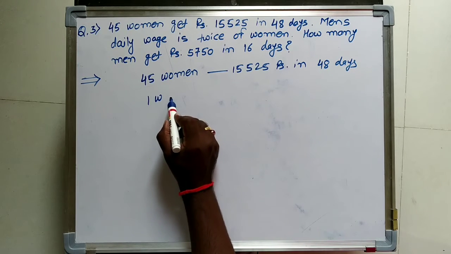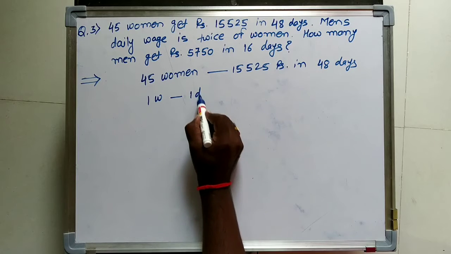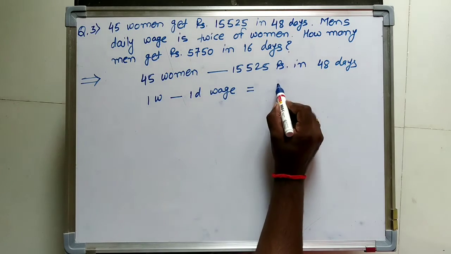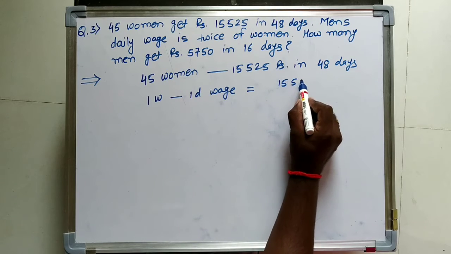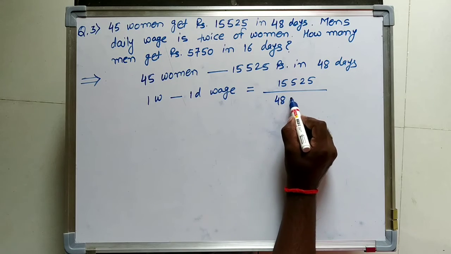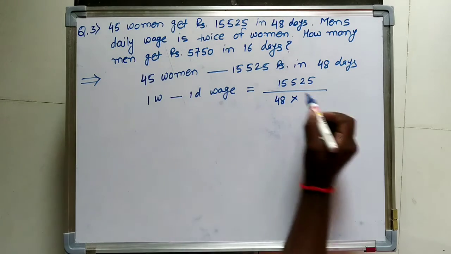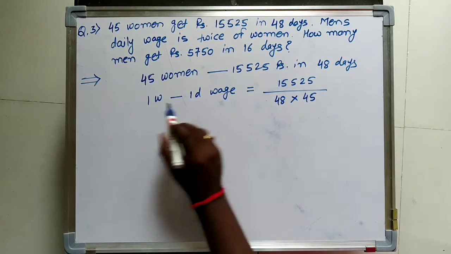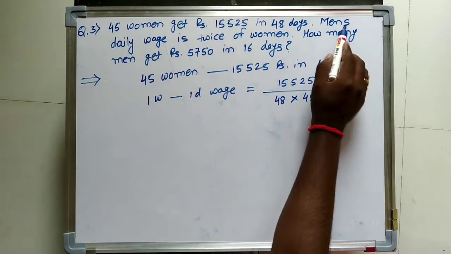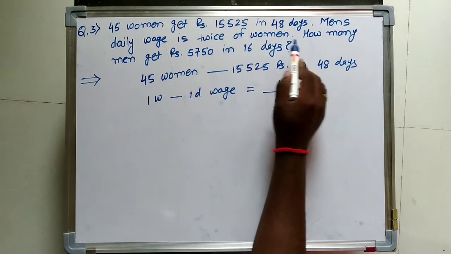First, one woman's 1 day wage equals 15,525 divided by 48 days and 45 women. So this will be one woman's 1 day wage. They have given that men's daily wage is twice that of women.